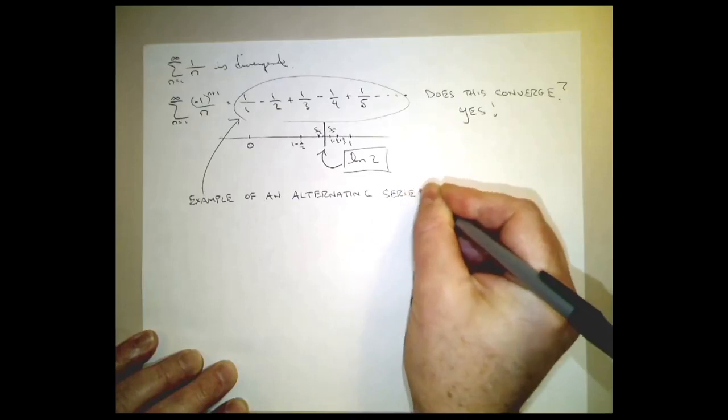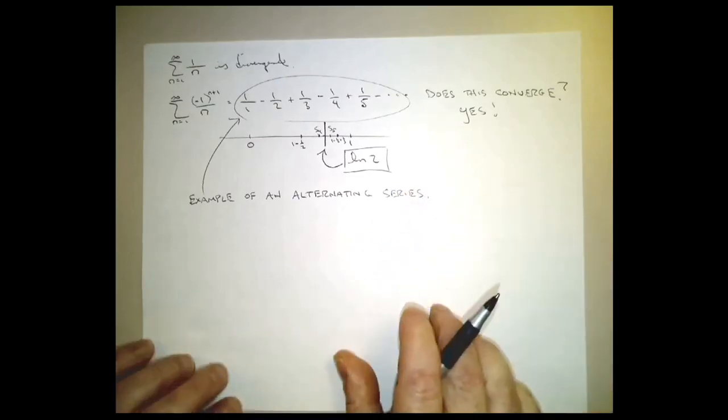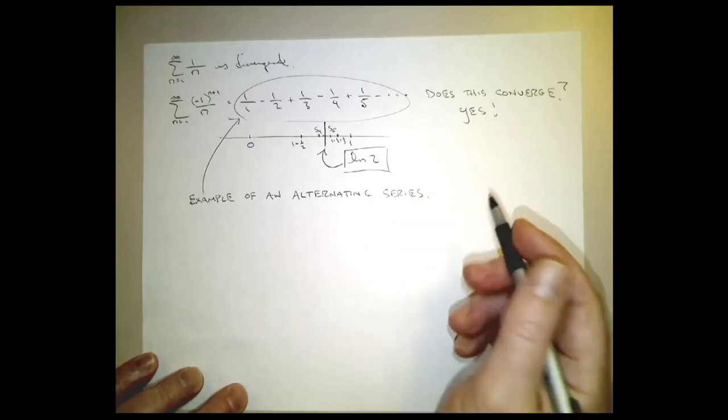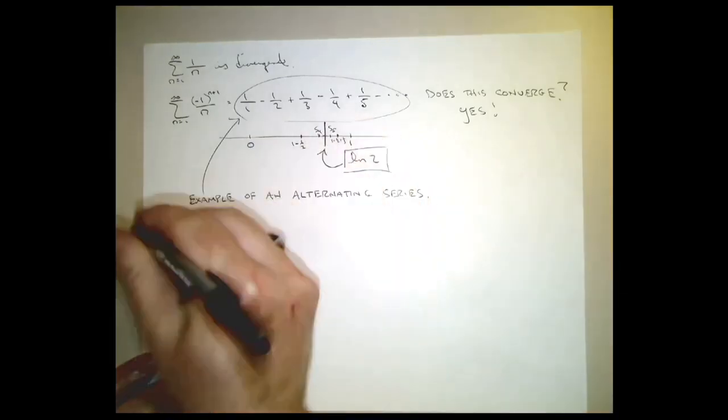And so specifically, we're going to define an alternating series like this.